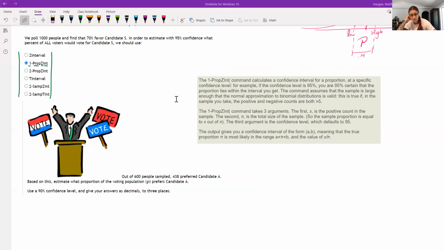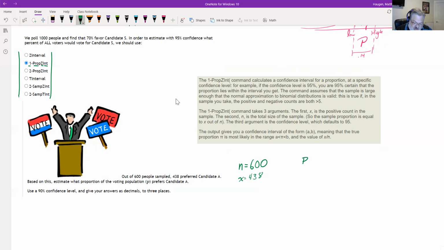So out of the 600 sampled people, that's immediately our N, right? 438 prefer the candidate. So out of that, there are 438 that prefer some sort of candidate.